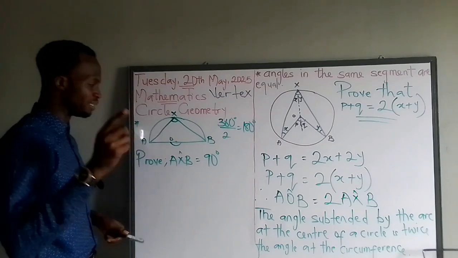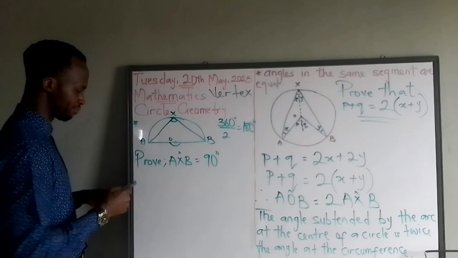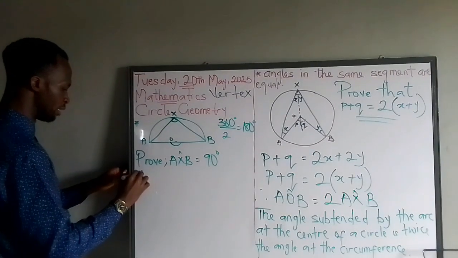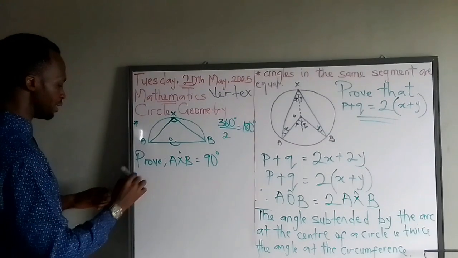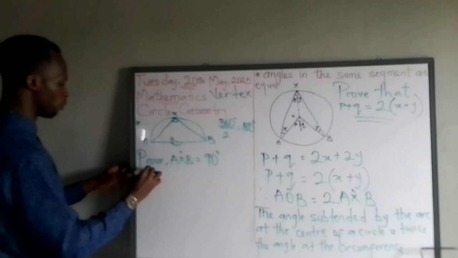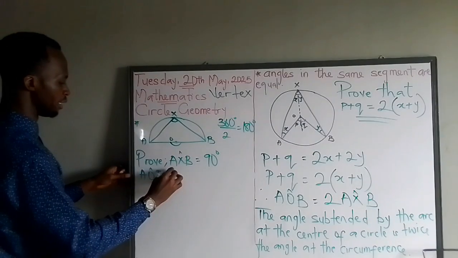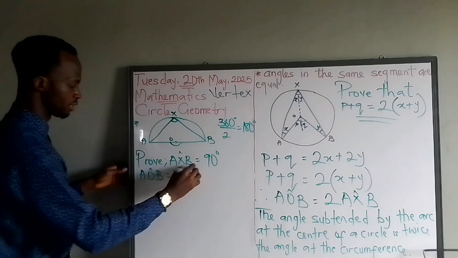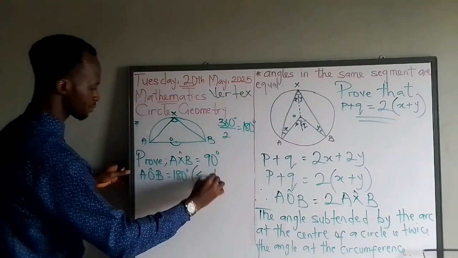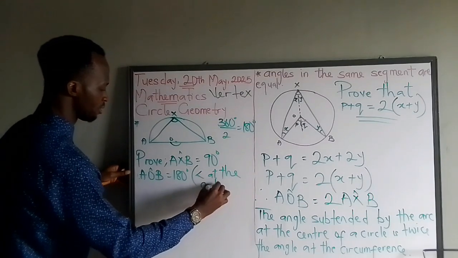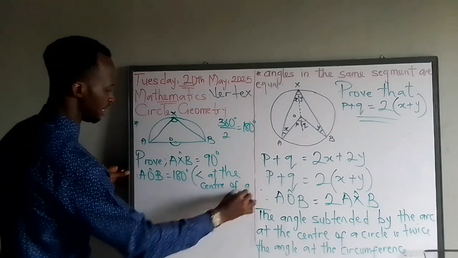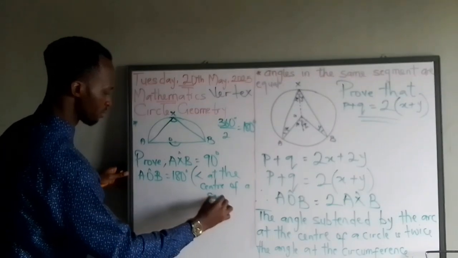So what that means is that the angle at the center, let me put it this way, AOB is 180 degrees. Angle at the center of a semicircle.